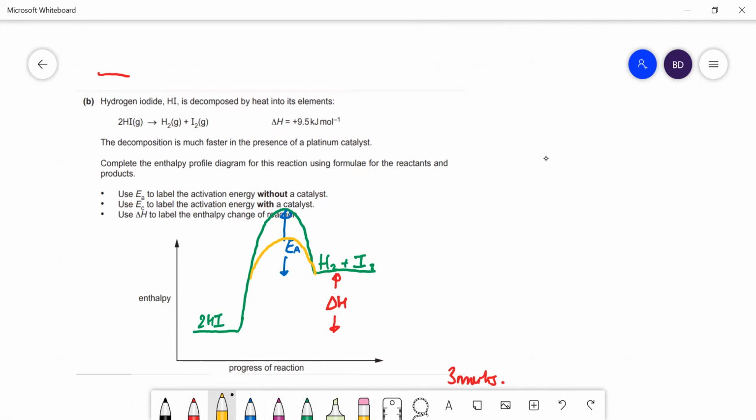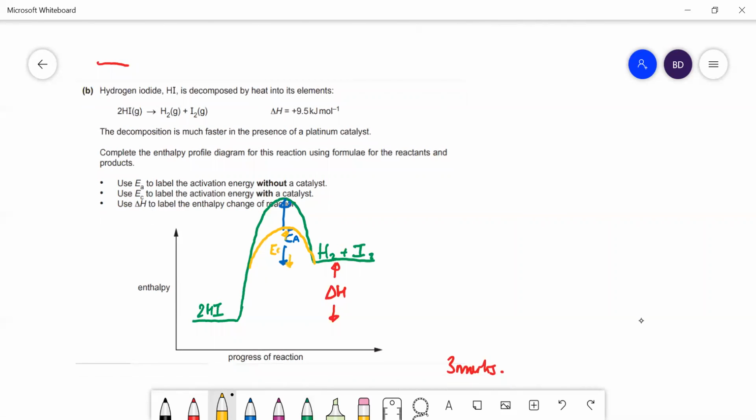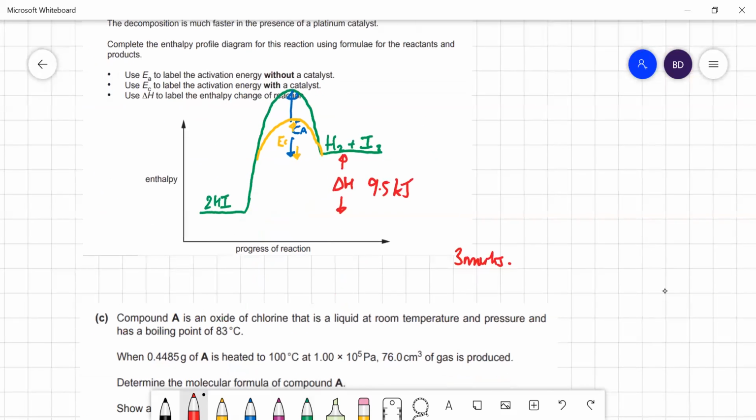And the activation energy with the catalyst, EC, I'll draw there. A little bit messy, that diagram. Okay, so that's a fairly straightforward, almost a GCSE question, really. And that is going to be 9.5 kilojoules, isn't it?